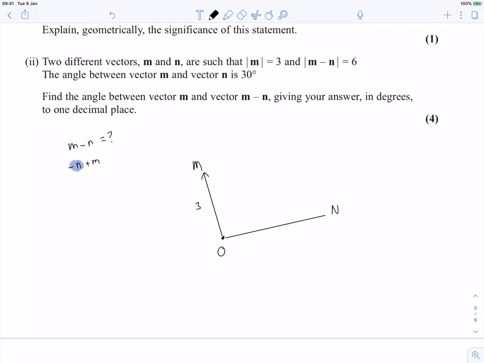It means that's little m, this little n, then it's saying the distance minus n plus m there, that triangle is 6. Ooh.